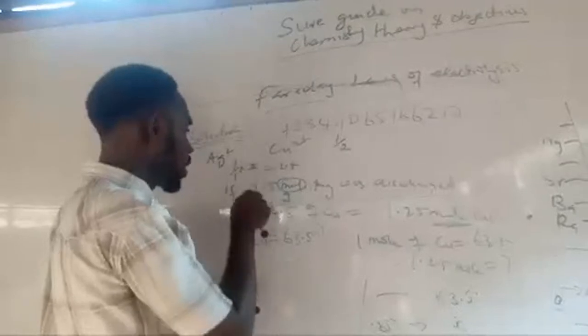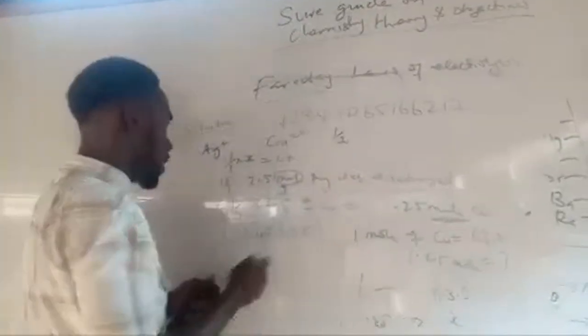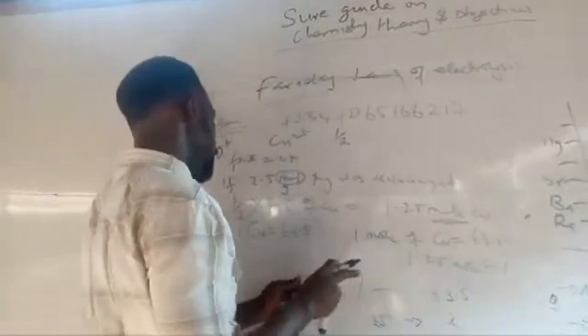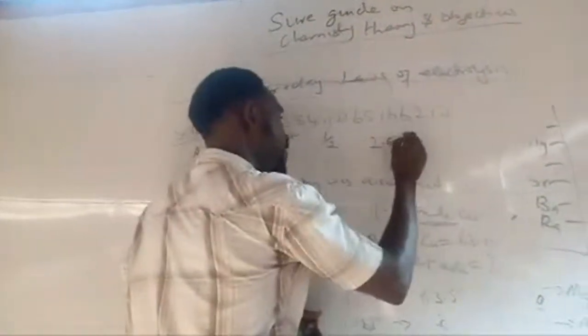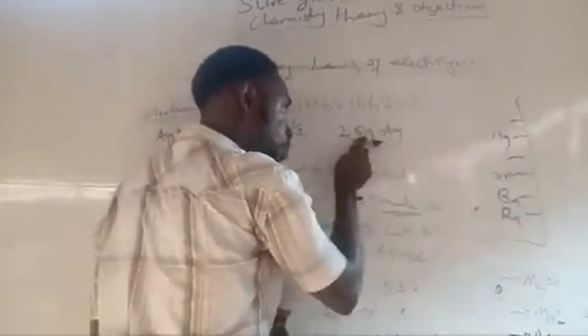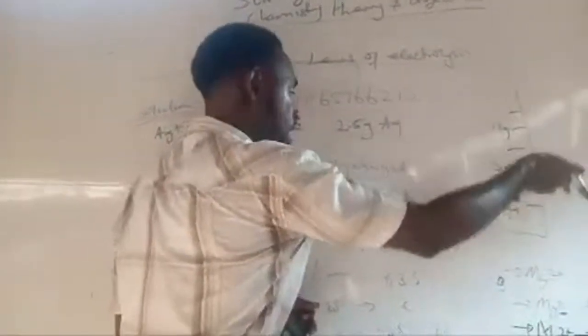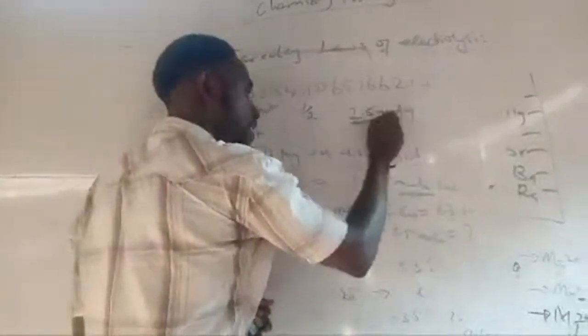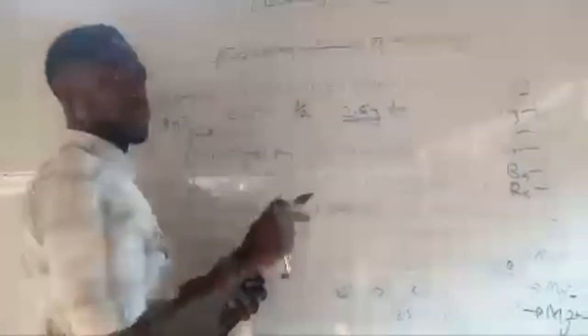Take note, if this mole was converted to mass, like in that question I said a given quantity of electricity discharged 2.5 grams of silver, not mole. Calculate the mass of copper that will be discharged.